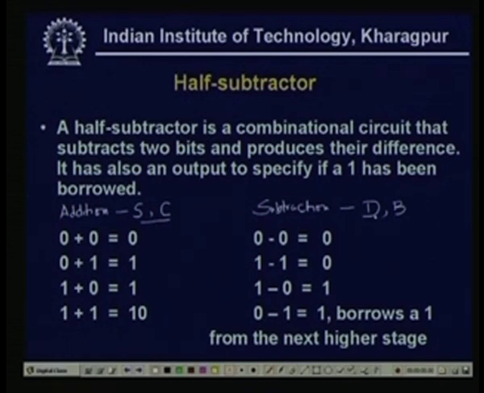Now, how the operator operates on the 2 operands. Again, first we see the addition operation. See here that 0 plus 0 equal to 0 and the carry is 0. 0 plus 1 is 1, carry is 0. 1 plus 0 is 1, carry 0. 1 plus 1 is actually 1 0, so sum is 0 and carry is 1.